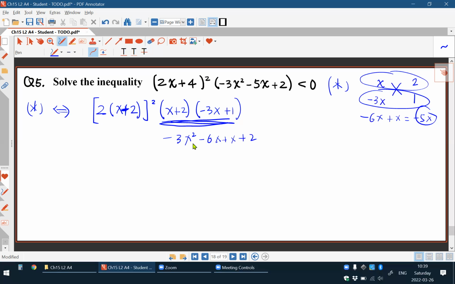So -3x squared, -5x plus 2. That means the factoring is correct. All right, this one should be less than 0. Then this is actually 4 times (x plus 2) squared, then (x plus 2), then (-3x plus 1), less than 0, right?